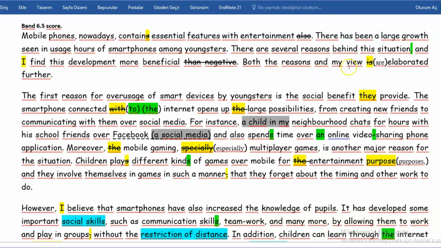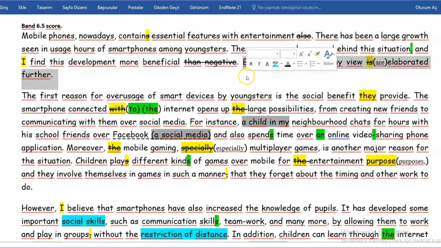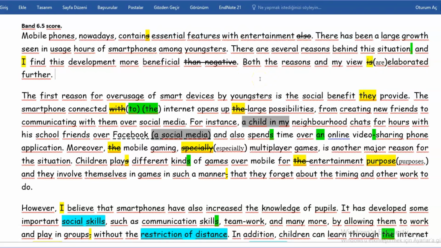Both the reasons and my view are elaborated further. Instead of this sentence, I'm going to write that the reasons behind this positive development will be evaluated in the next paragraphs, okay?